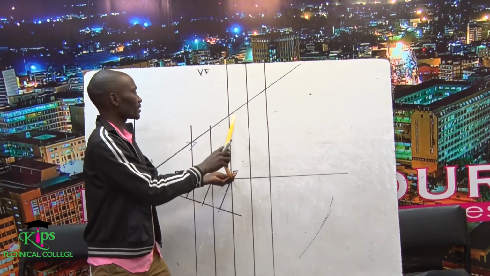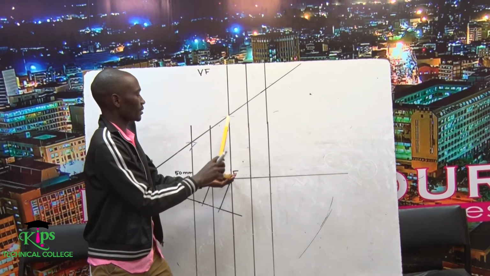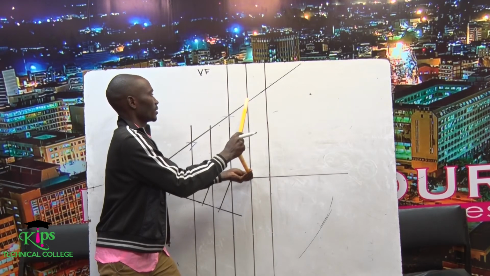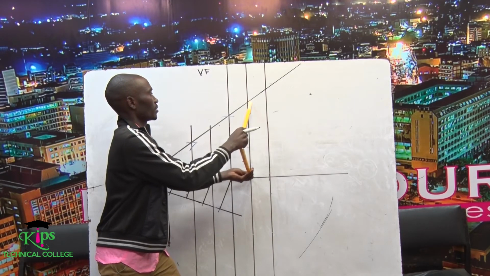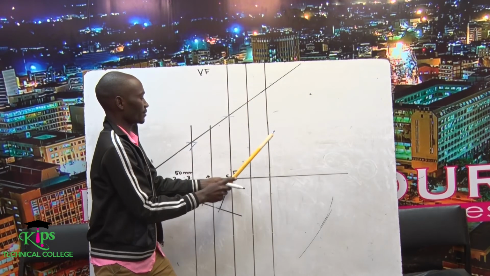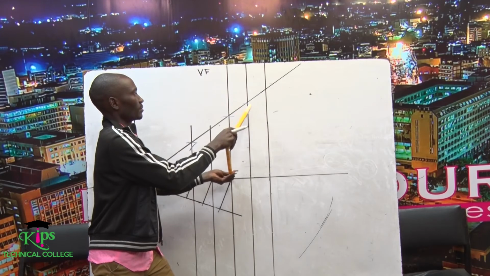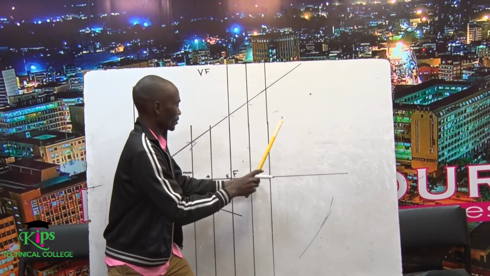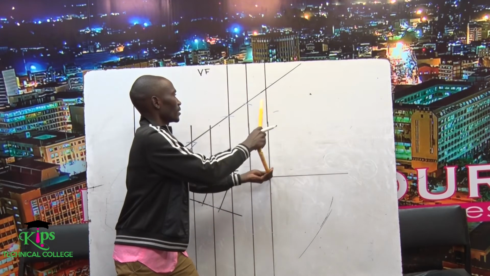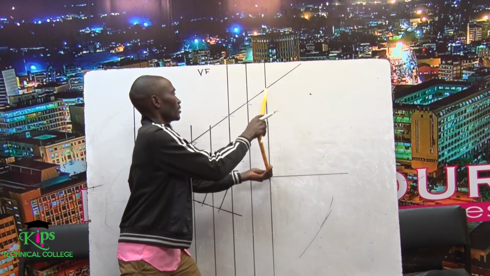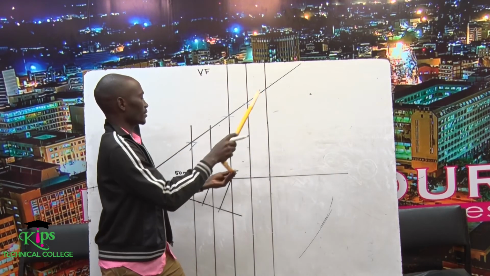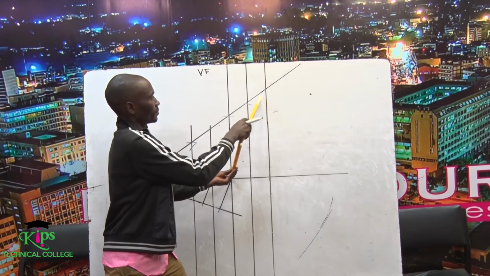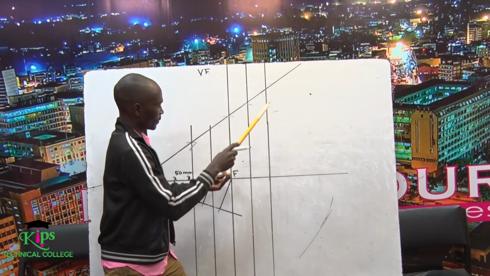I don't need to transfer the compass now. Then from there, then transfer to F, mark like that, then to this one, then now step at F, put a mark, like that.